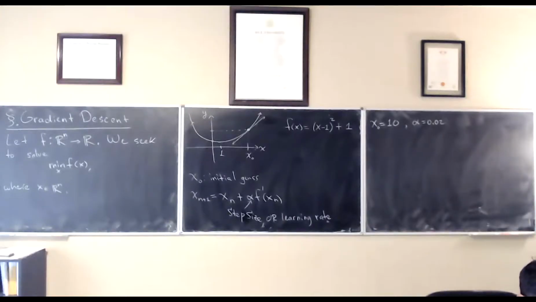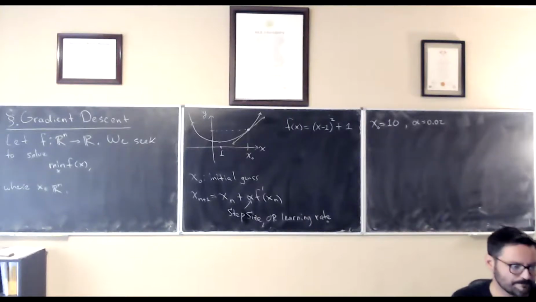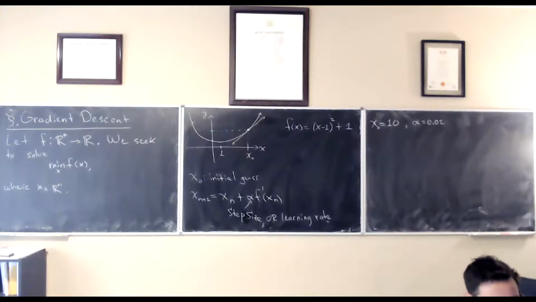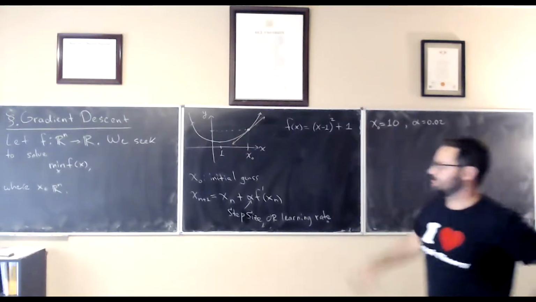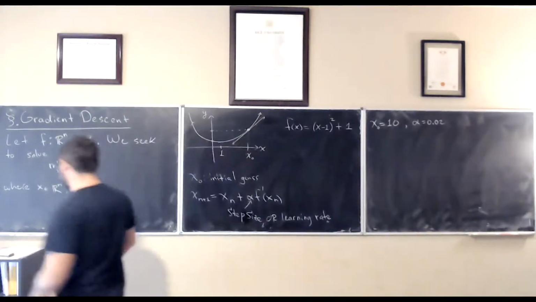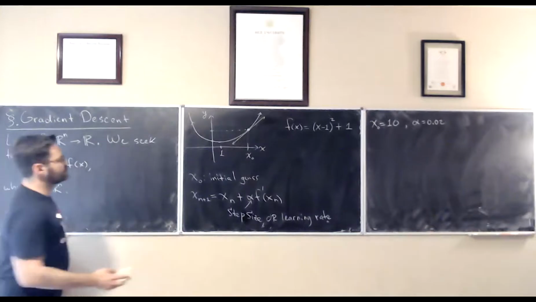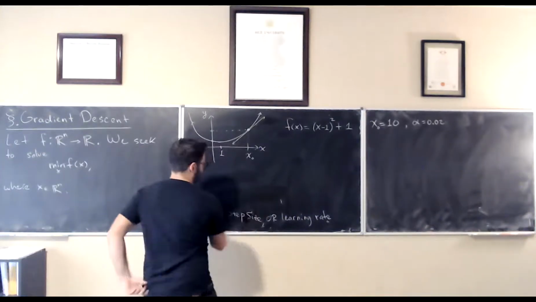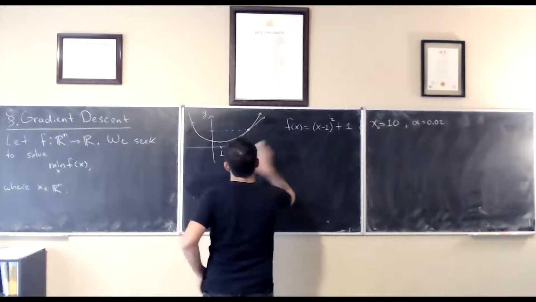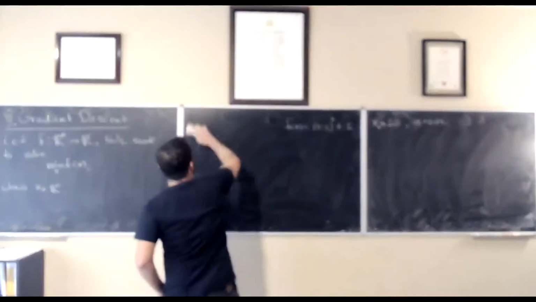Okay, so is everyone clear with how gradient descent works with a function of one variable? Yeah. Okay, so now let's talk about the more general case. And as before, we're going to use a very simple function of two variables.